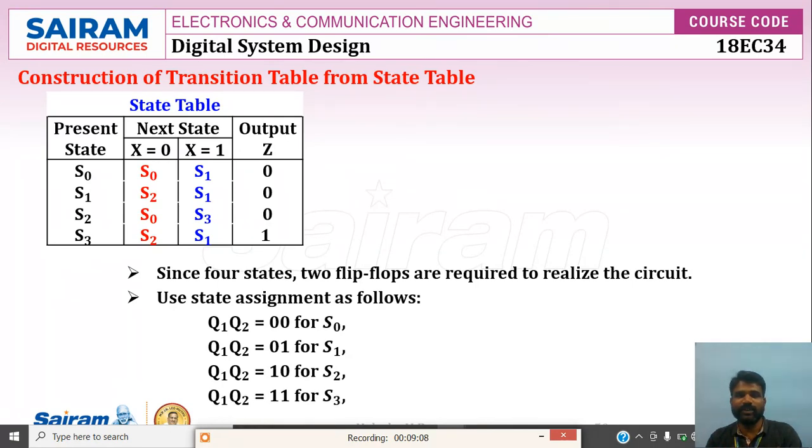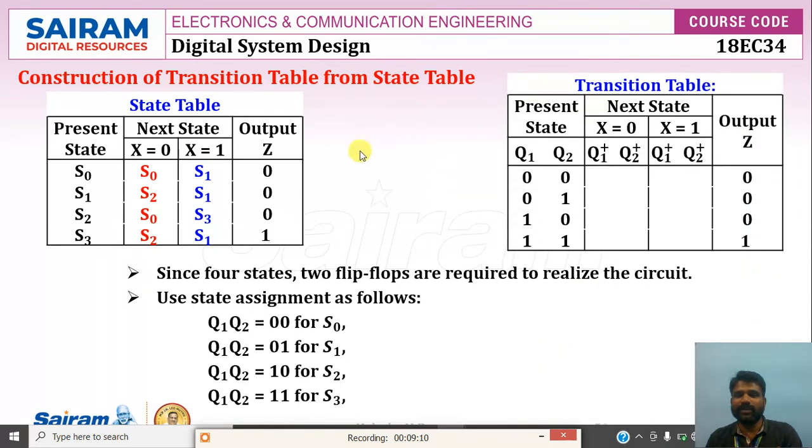Let's see the corresponding transition table. Present state variables Q1, Q2, next state when x is equal to 0, when x is equal to 1, and next state variables Q1 plus, Q2 plus, again Q1 plus, Q2 plus. We complete this by observing, and here the present states are replaced with the binary codes assigned.